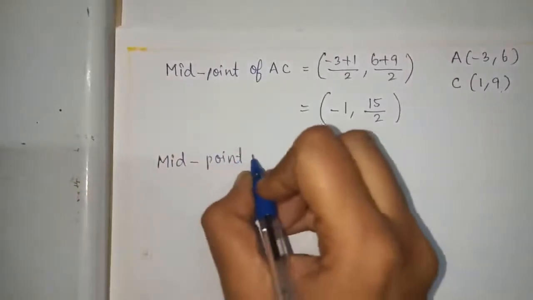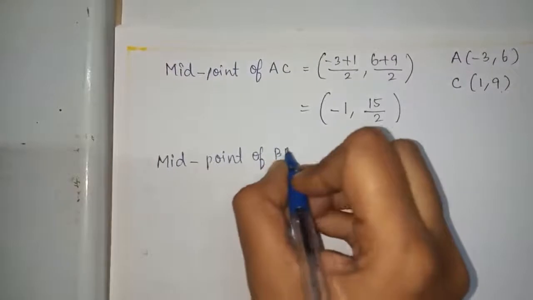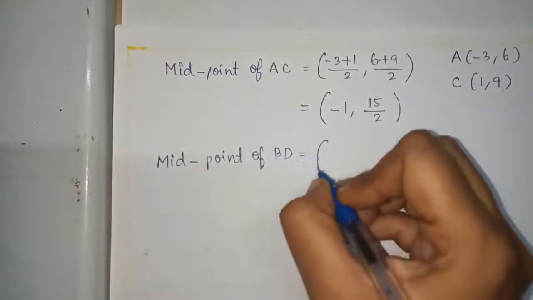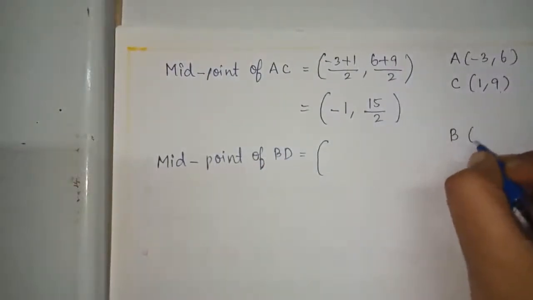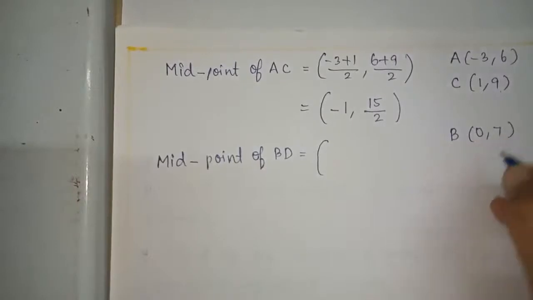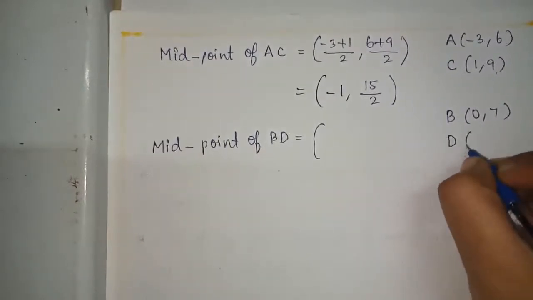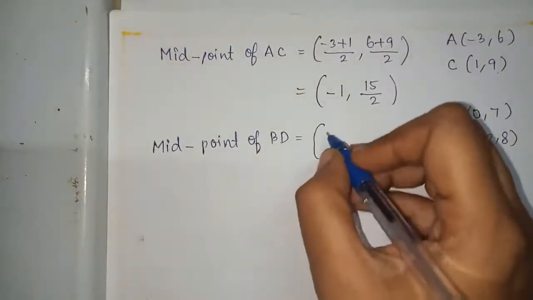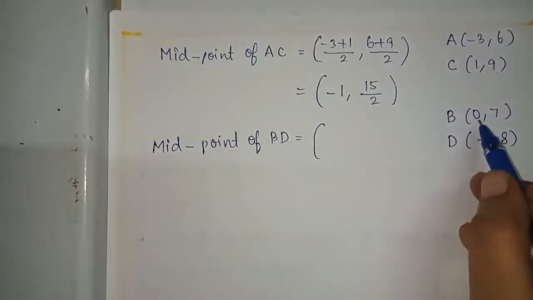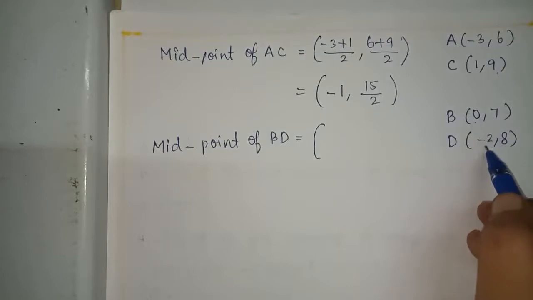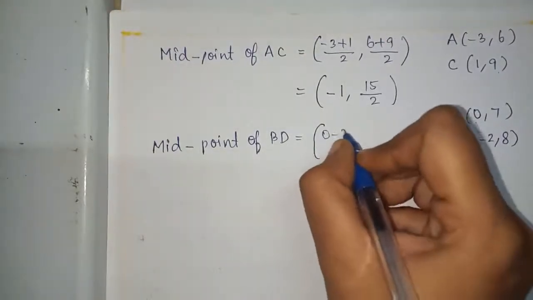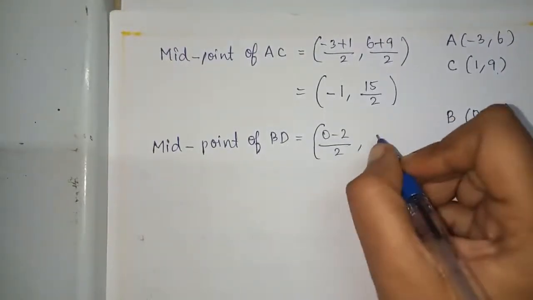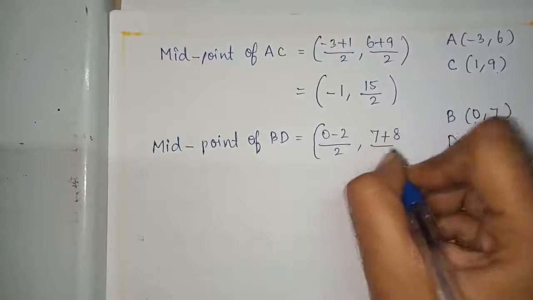The midpoint of BD. So the midpoint of BD is equal to, B point is (0, 7) and D is (-2, 8). So substitute the values in the formula: (0 - 2)/2, (7 + 8)/2.